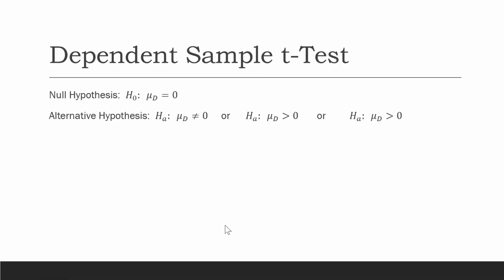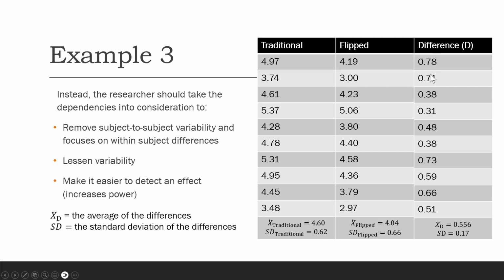All right. So before we get to running the test, let's talk about how we can write our null and our alternative hypothesis. Now we're focusing on just this column here, the column of differences. And we're not looking at these first two columns separately. That was the independent samples t-test. In the dependent samples t-test, you're looking at the differences.